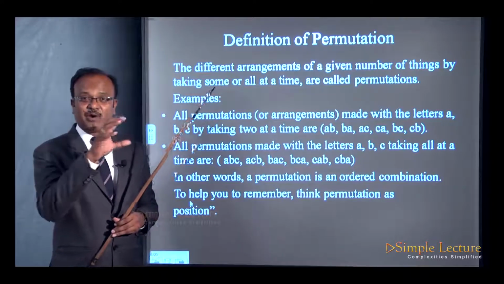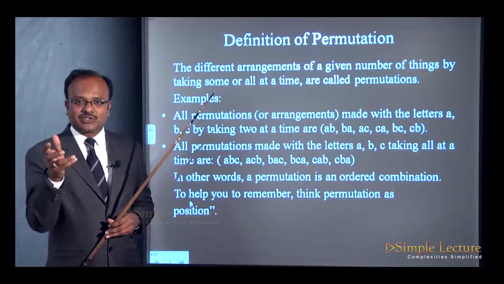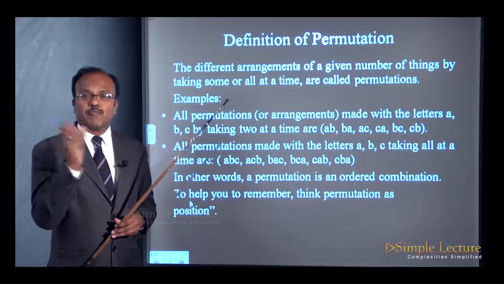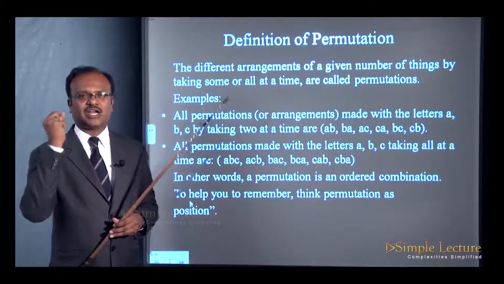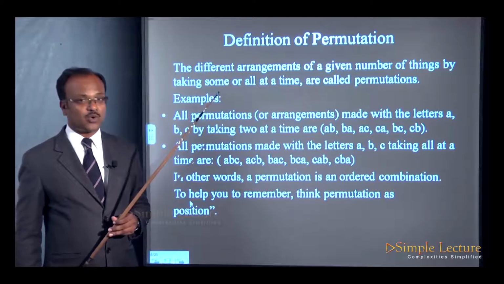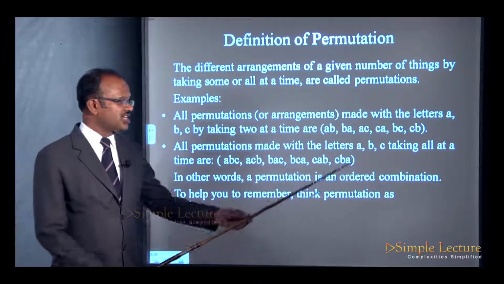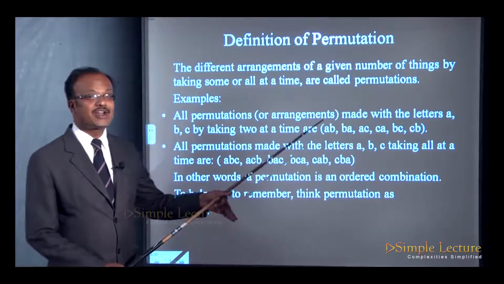So, such type of arrangement of the numbers or the letters or the objects or the items by taking few at a time or all at a time, we call it permutations. I hope you have understood this. So, a permutation is an ordered combination. In other words, it is an ordered combination.